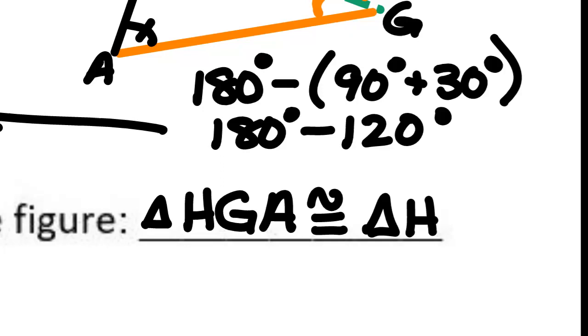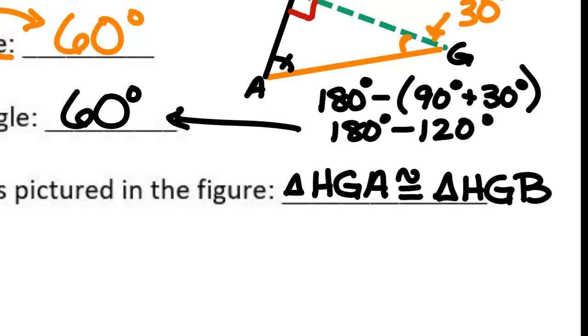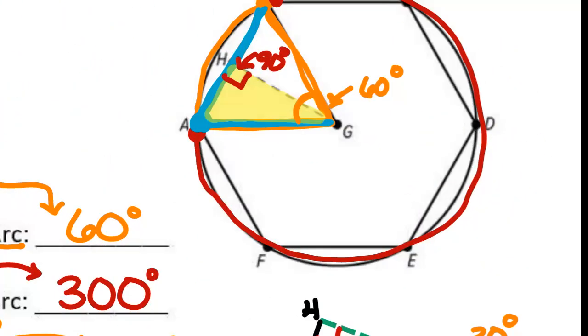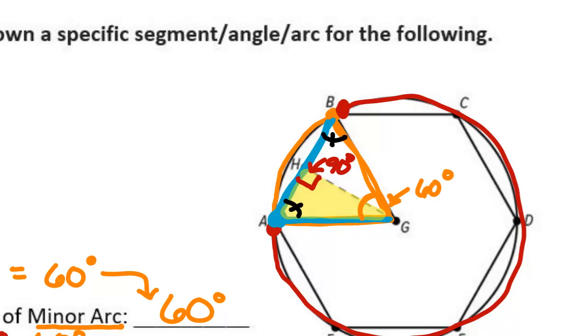And then angle G on this yellow triangle, which is 30 degrees, would be congruent to what angle on the top not highlighted triangle? G. And so what would have to come last? B. HGA is congruent to HGB. So I know that angle A right here is the same size as angle B, because the other two angles of the larger triangle that's pictured there that's being bisected by the apothem would be congruent.